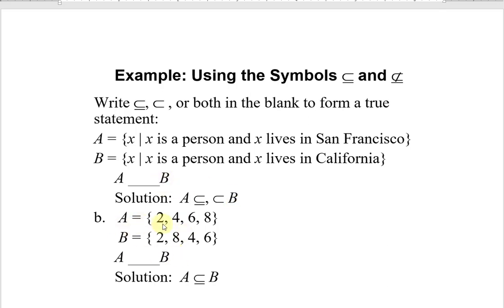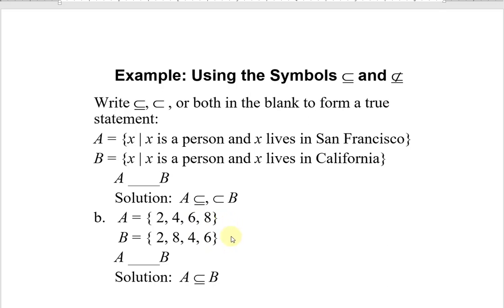The second one, set A has 2, 4, 6, 8, and set B has 2, 8, 4, 6. Now we know that 2 and 2, 4 and 4, 6 and 6, 8 and 8, all the elements of A are inside B. So A is the subset of B. However, because we have the same elements in A and B, they are equal.